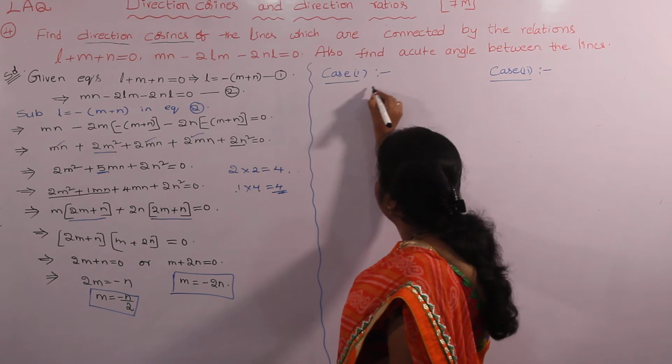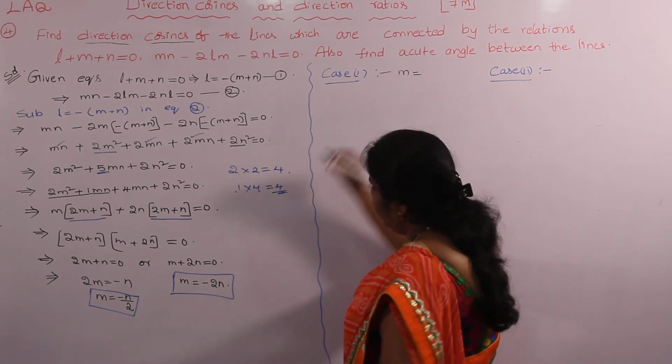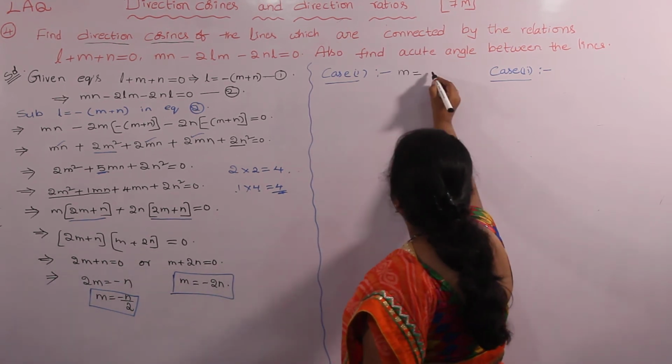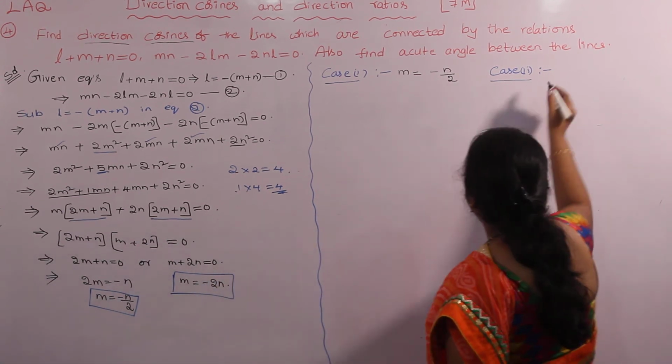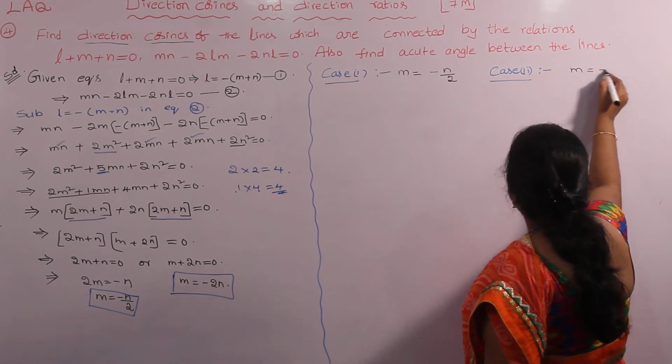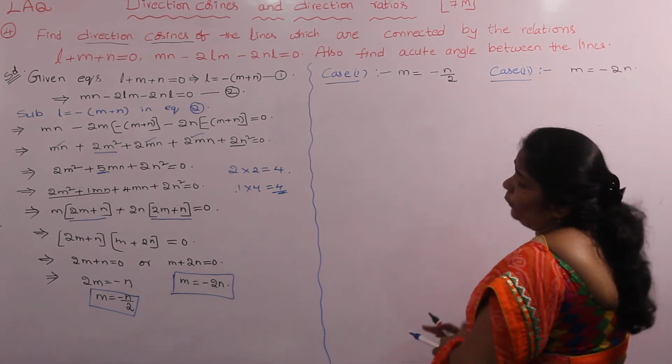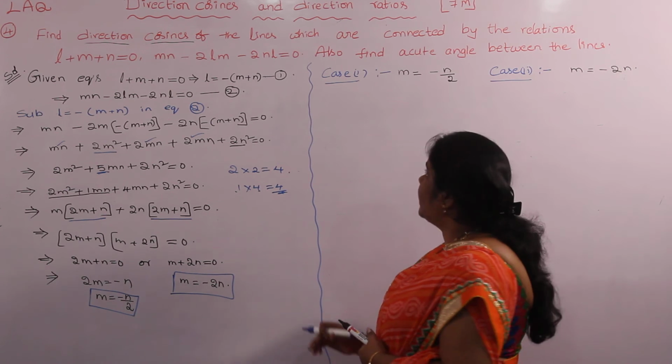That is case 1, m is equal to minus n by 2. Here m equal to minus 2n.